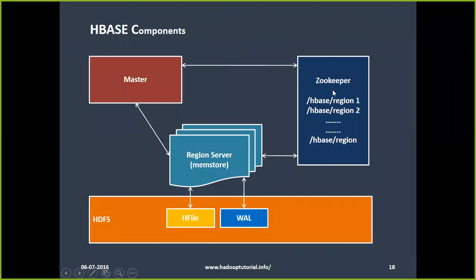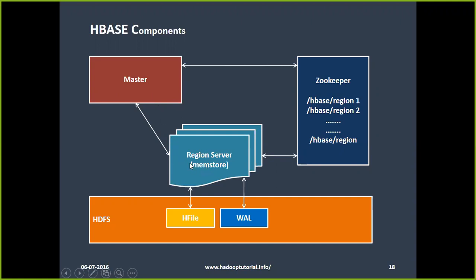This facility is not there in your HDFS architecture. So this is one significance of your Zookeeper. And the second thing is that once the connection is established to the master, it knows which tables the user is accessing, and the master has the index on where those locations are present in region servers.